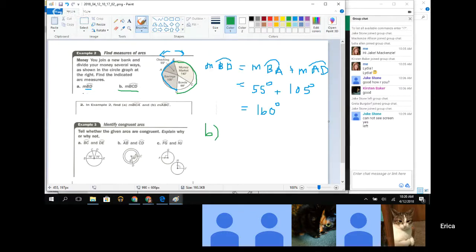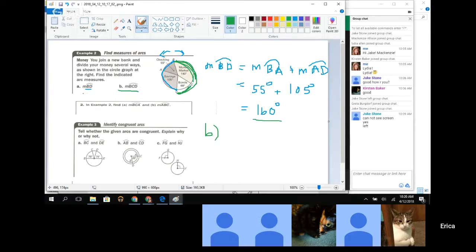So that's going to be greater than 180 degrees, so it's going to be my bigger number. There's two ways that you could do this. One is, you know BD is 160, and you know the whole circle is 360 degrees, so you could subtract. Or we could add up this arc plus this arc.